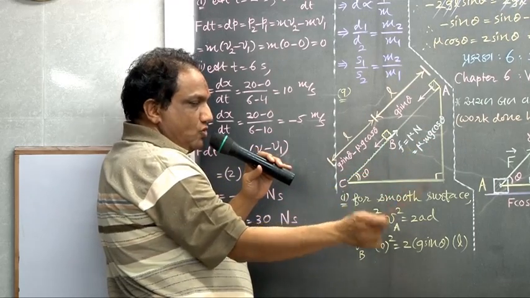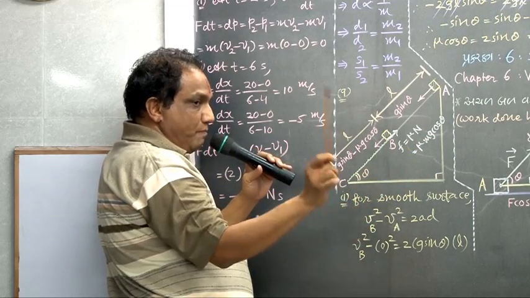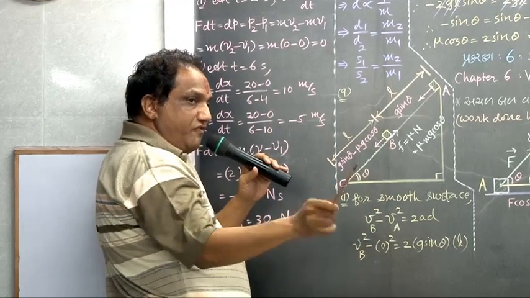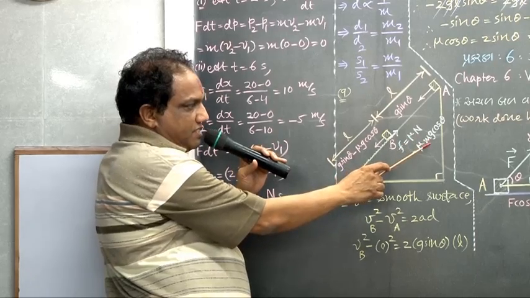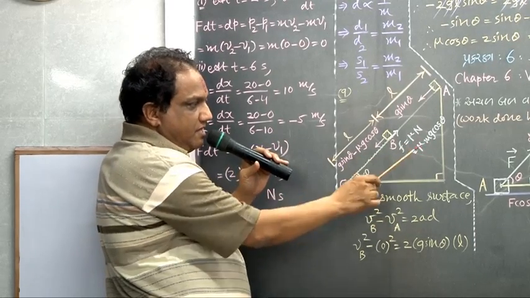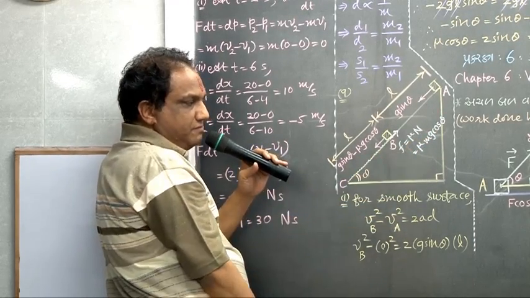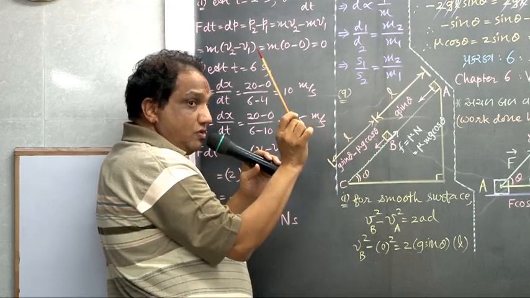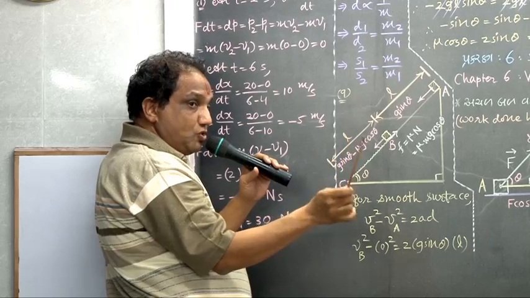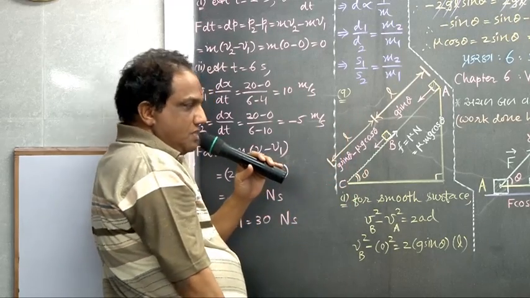And I have told you, in the expression of force, the multiplier of mass, everything except mass m, will give you acceleration. What is the rest? Mu g cos theta, which will give you the deceleration produced due to frictional force.